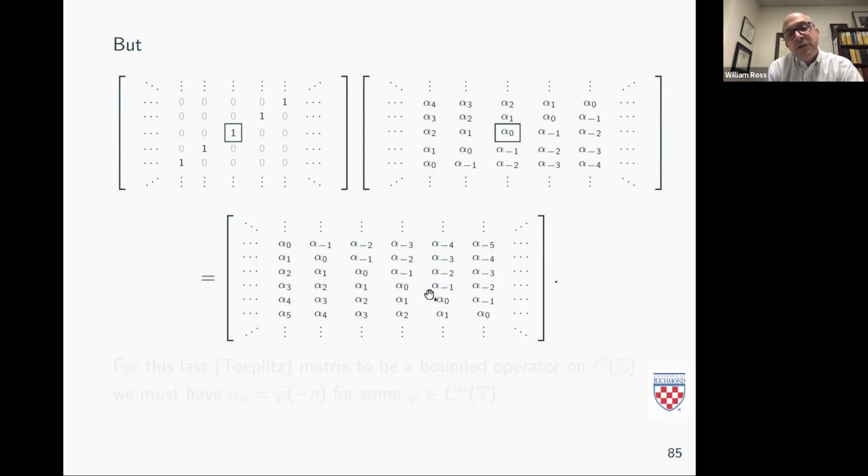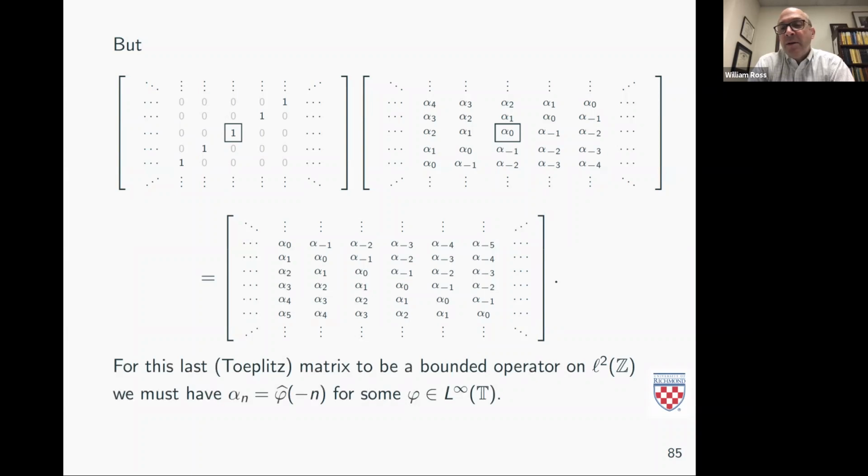So notice the alpha zeros along the main diagonal, the alpha ones here. And we all know from the last talk that this is a multiplication operator. If you're a doubly infinite Toeplitz matrix, you have to be the matrix representation of some bounded multiplication operator. So there's some essentially bounded symbol for which those entries are the Fourier coefficients. Okay, so that's an outline of Nehari's theorem.